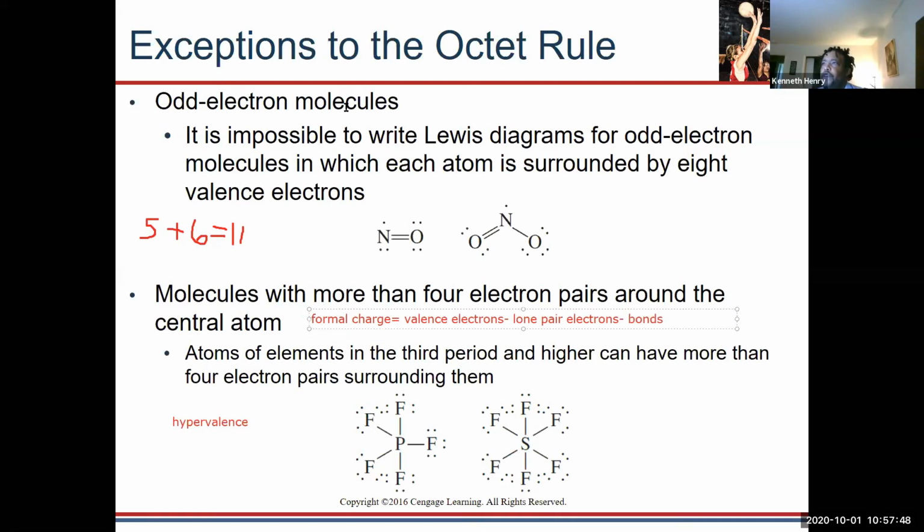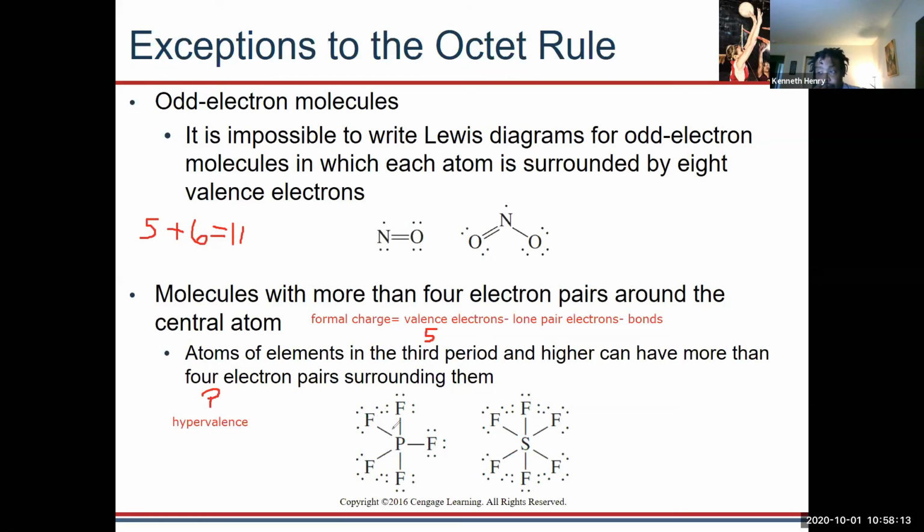Okay, so let's look at phosphorus since it's the center atom. How many valence electrons does phosphorus have? 5. How many lone pair are around phosphorus? 5.